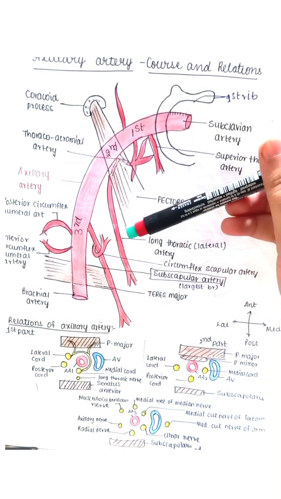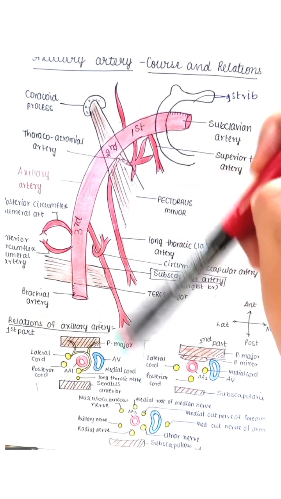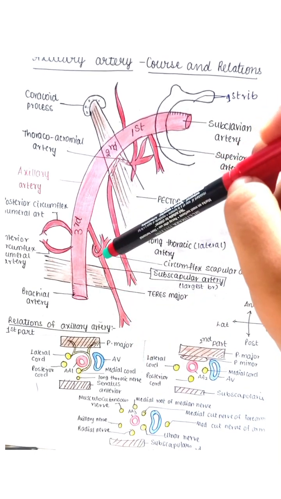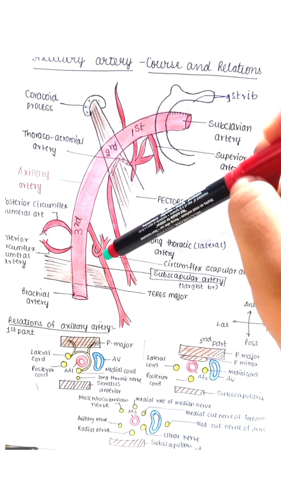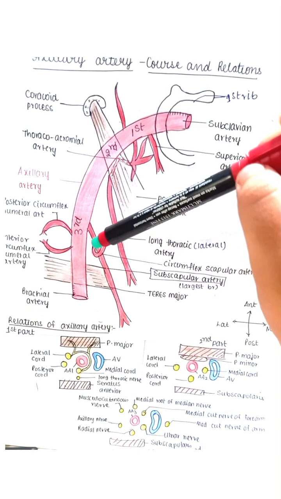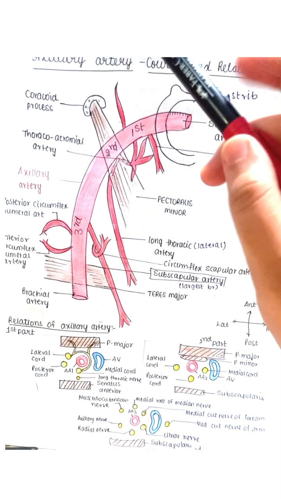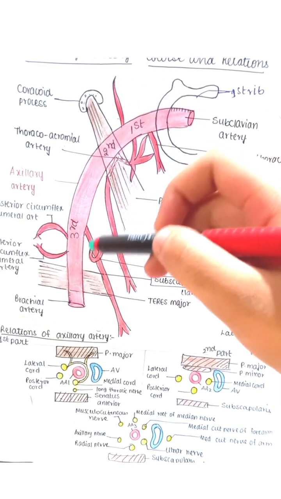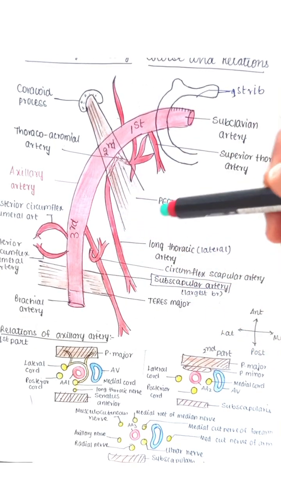The third part branches include the largest branch of the axillary artery, that is the subscapular artery. The subscapular artery runs along the lower border of the subscapularis muscle, and it ends at the inferior angle of the scapula. Another large branch, the circumflex scapular artery, arises from the subscapular artery.